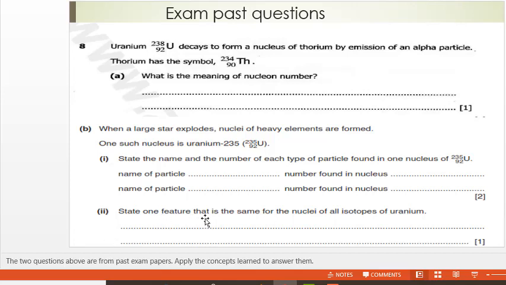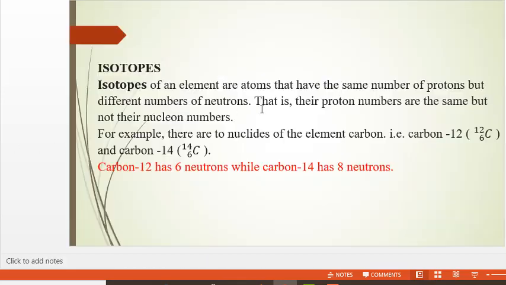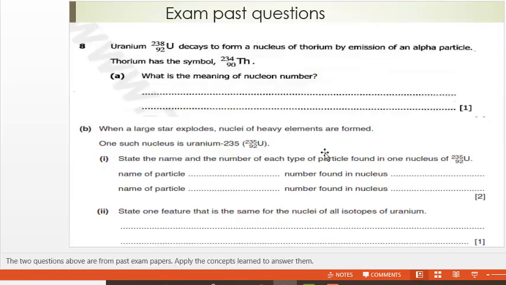State one feature that is the same for the nuclei of all isotopes of uranium. One feature that is the same for all isotopes. Remember, from the definition of isotopes, we said they have the same number of protons. We can see this even from the nuclides given for these 2 isotopes. This is 235, its atomic number or number of protons is 92.